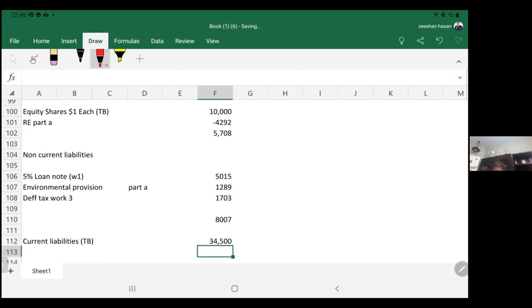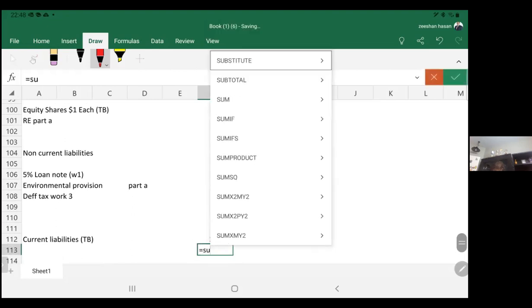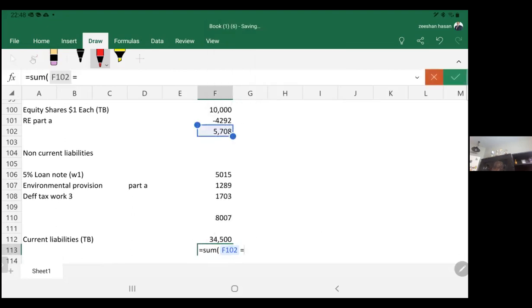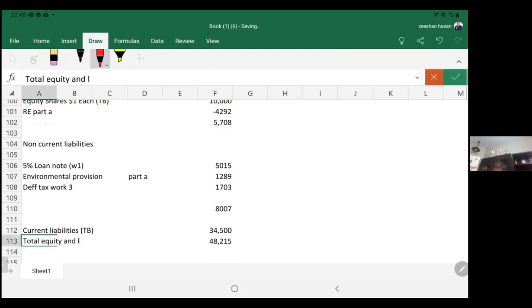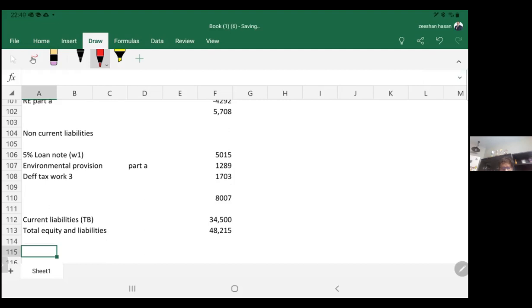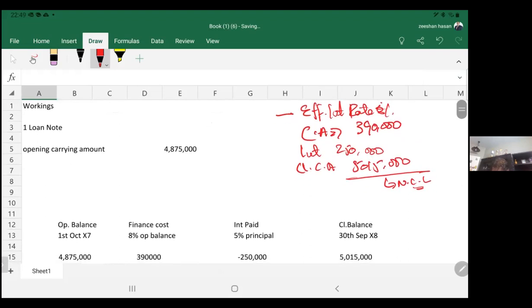And overall, it will be is equal to sum 5708 plus, sorry, this plus 34,500. What we will get, 48,215, and we got total equity and liabilities. That's it. We are done with the question. I hope you get how to draft this part of the answer to the question, and bang on.